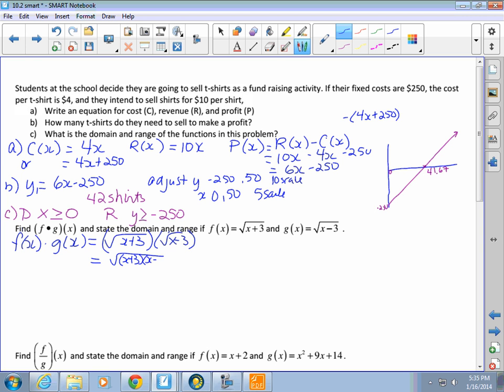It doesn't cancel my square root because I wasn't multiplying the exact same thing together. I would have had to multiply square root of x plus 3 times square root of x plus 3 in order to get rid of that square root sign. So this is the same as square root of x squared minus 9. So that is my new function.